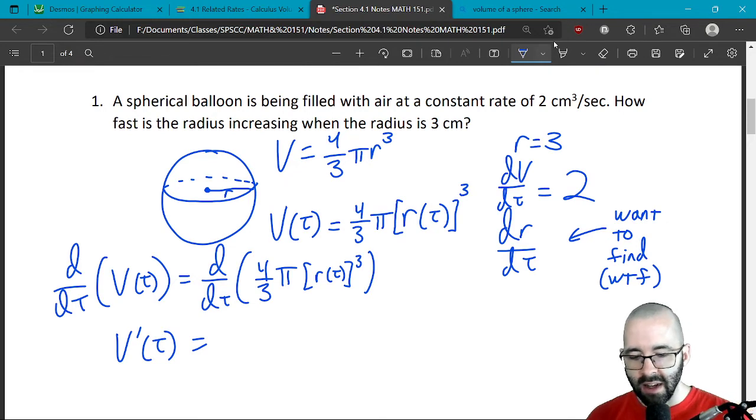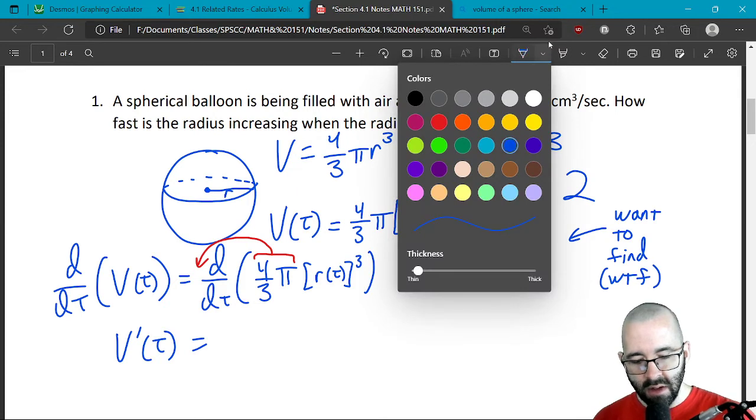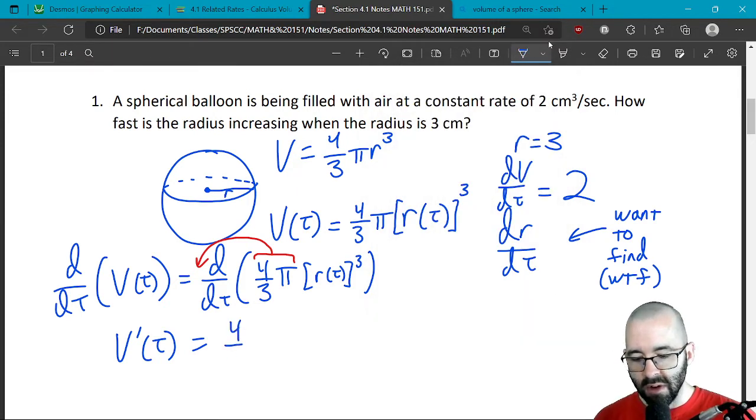And on the right-hand side, we can use the constant multiple rule. This is just a constant, right? We can bring constants out in front of a derivative. We're going to have 4/3 times pi. And then we have to take the derivative of r of t cubed. That's going to require the chain rule.